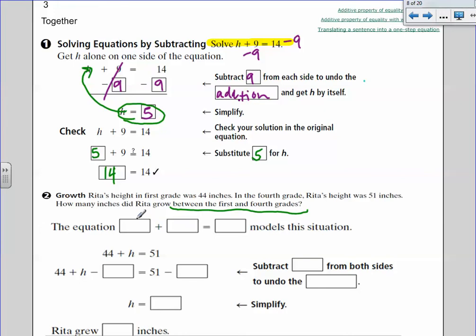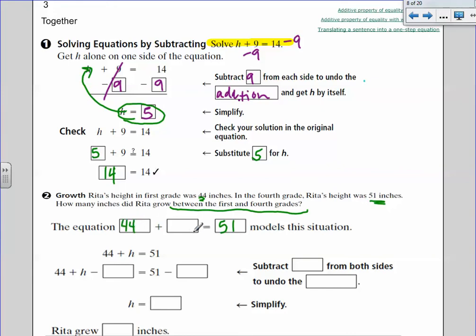So I know how tall she is in fourth grade. In fourth grade she's 51 inches. So that's my end result. So something plus something has to equal 51. How tall was she in first grade? She was 44. So 44 is what she started with.